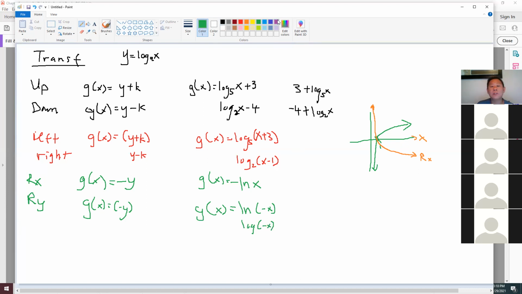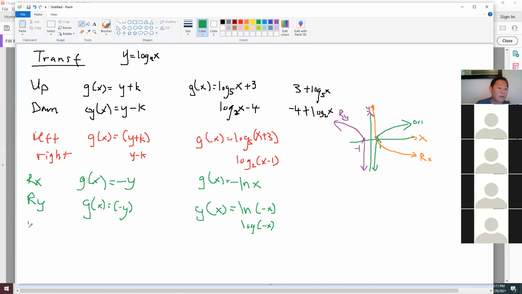So how do you reflect on the y-axis if you go back to your original? Don't forget your green line is your original graph. So if you reflect this on the y-axis, it goes to the right, so when you reflect it, it will go to the left. And since it will intercept here at 1, this will become -1. So this is a reflection on the y-axis.